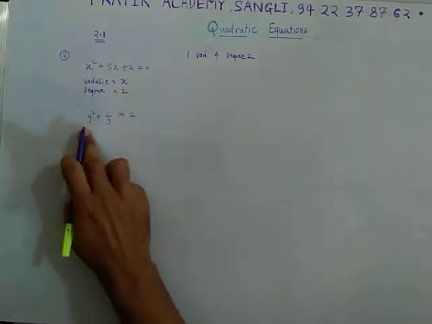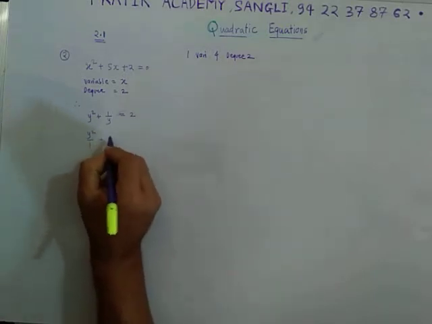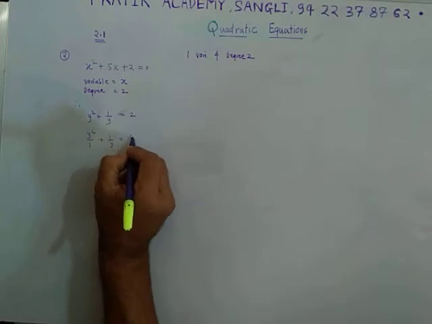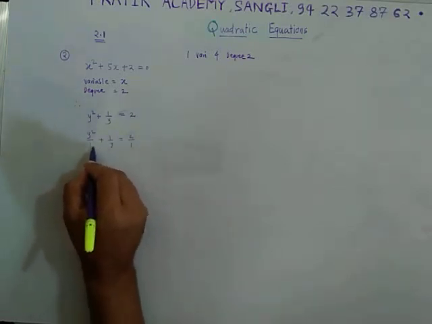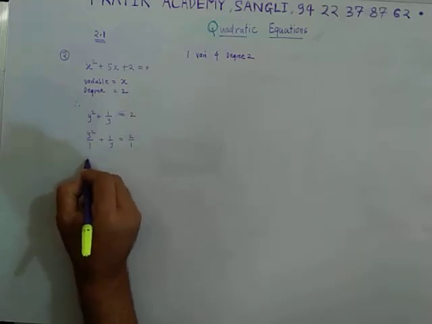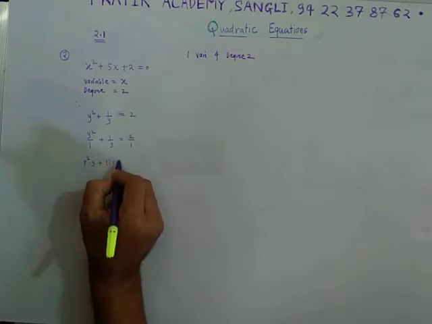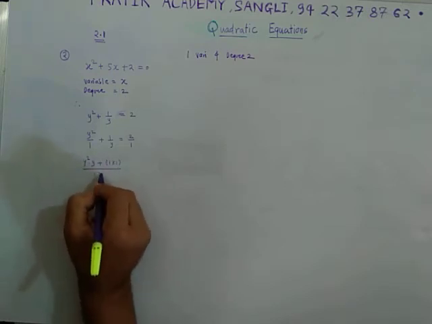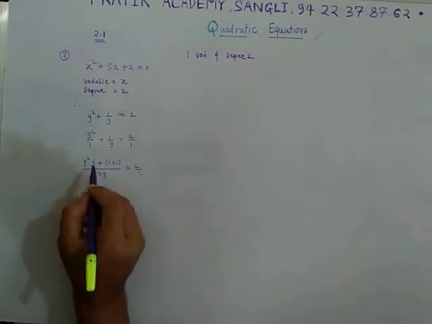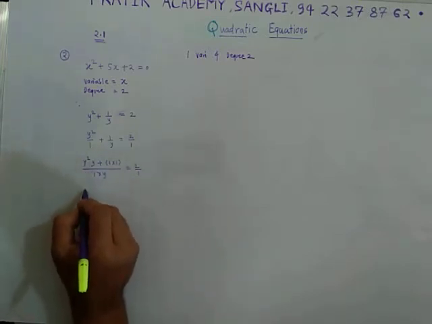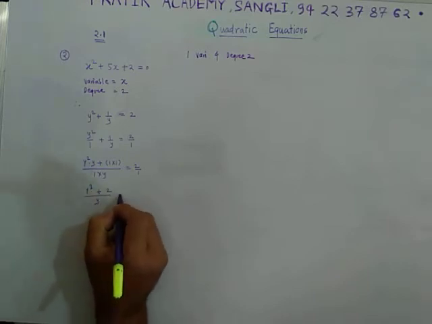So first simplify this: y square upon 1 plus 1 upon y is equal to 2 upon 1. Here the denominators are different, so we have to cross multiply: 1 into 1 upon 1 into y is equal to 2 and 1. Y square into y is y cube, plus 2, plus y.